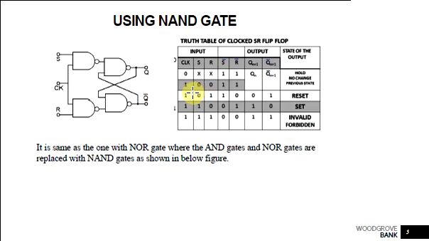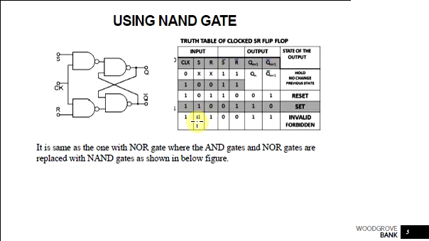When the clock is high and S is 0, R is 0, it again corresponds to no change. When the clock is high, S is 0 and R is 1, it corresponds to reset, where Q is 0 and Q bar is 1. When the clock is high, S is 1 and R is 0, it corresponds to the set condition, where the output is high.